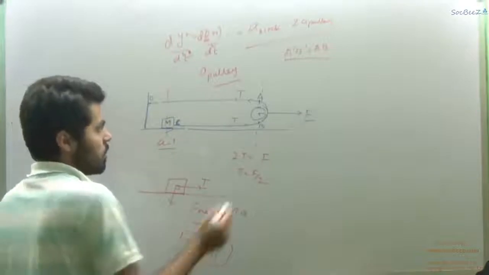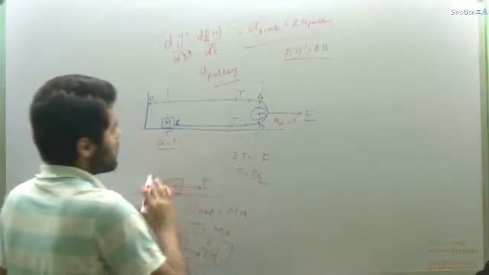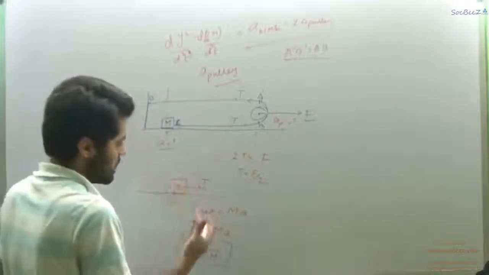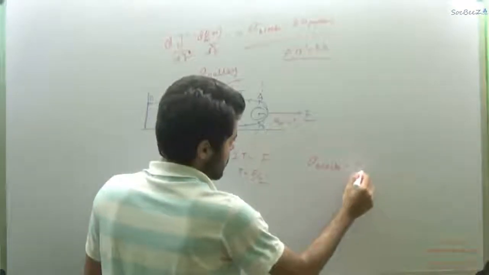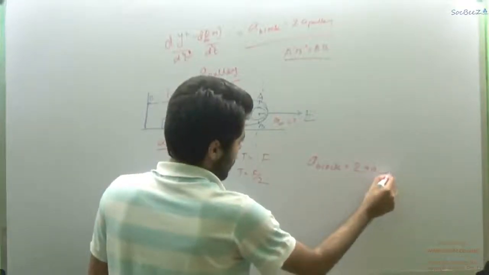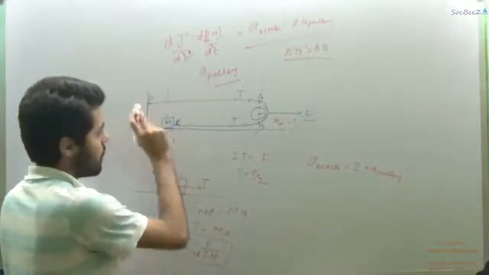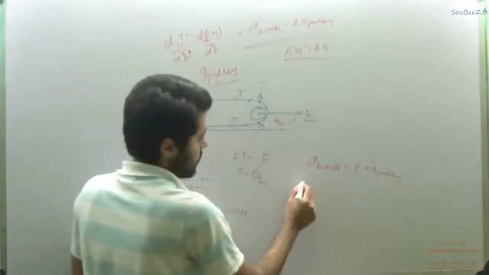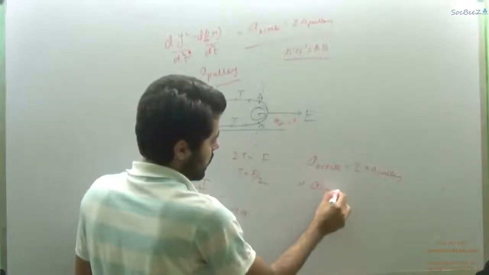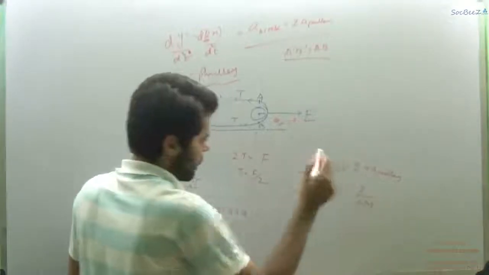If someone asks what will be the acceleration of the pulley, very simple, as is clear from the previous description, the acceleration of the block is 2 times the acceleration of the pulley. But I am repeating again and again that this is possible only in this situation when one end of the string passing through the pulley is fixed. So the acceleration of the pulley will be just F by 4M.